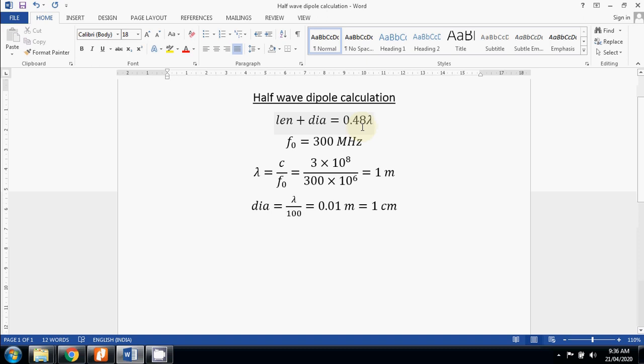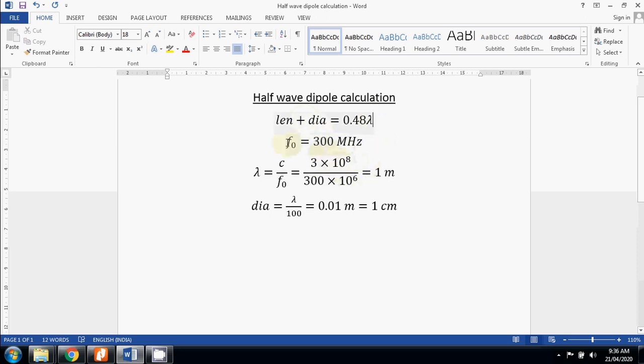So it is not 0.5 lambda, it is 0.48 lambda. The reason behind this is that when an antenna radiates, it gives fringing fields from its edges. These fringing fields make the antenna look a little bit larger than its actual physical length. So to compensate for that, rather than keeping 0.5 of lambda, we are keeping 0.48 of lambda.